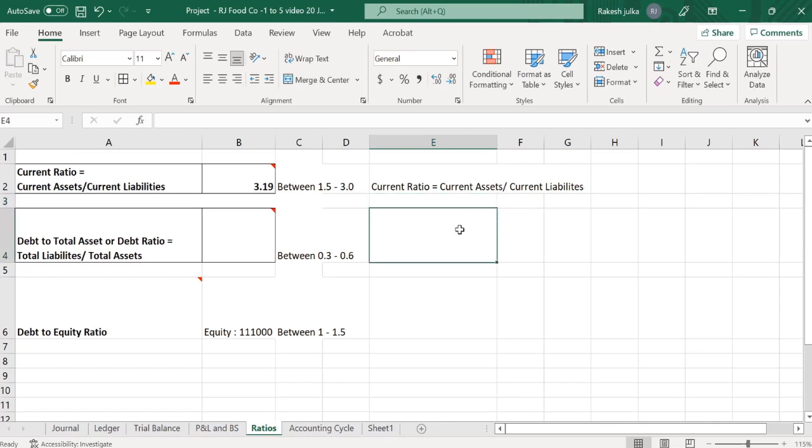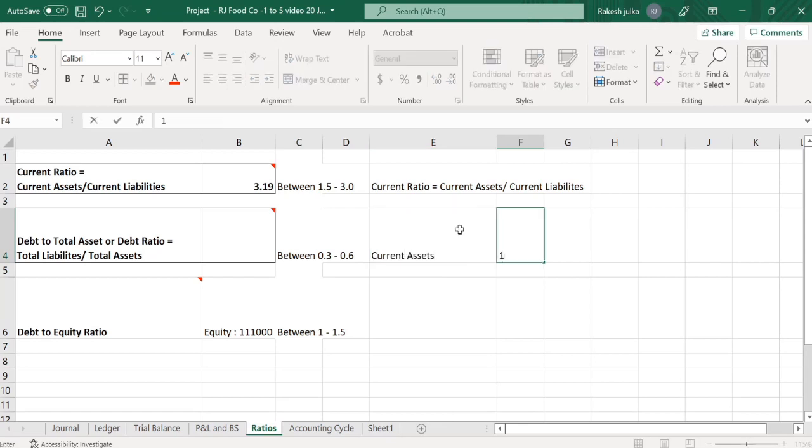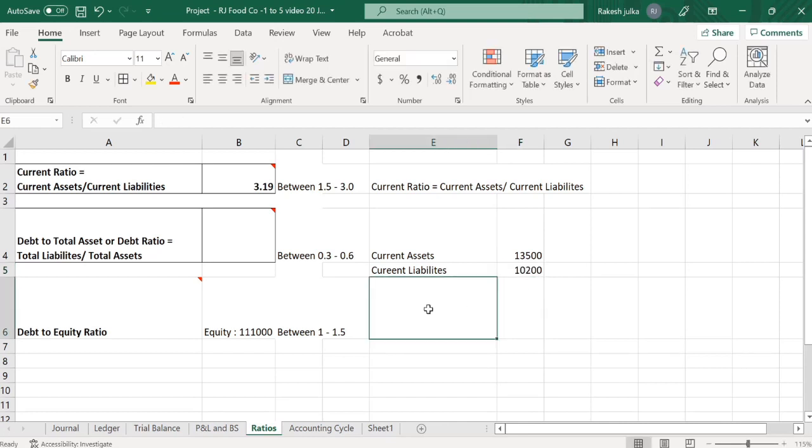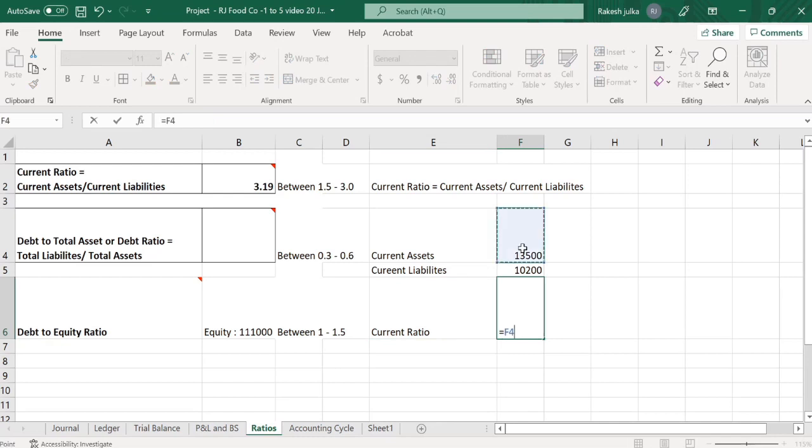For example, we have current assets, let's say 13,500, and we have current liabilities of 10,200, right? So if we want to know the current ratio, and we know that the formula for the current ratio is current assets divided by current liabilities, then enter.